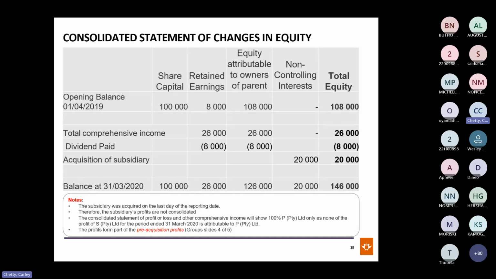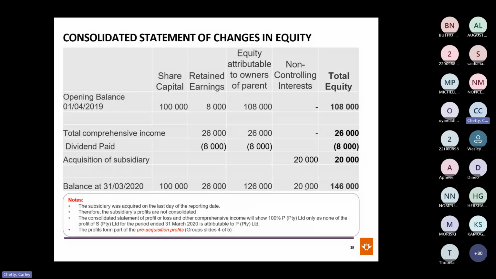And then we have our total equity column, where we're simply adding the equity attributable to owners of the parent with the non-controlling interest. So we're saying 108,000, that'll go in the total equity column. 26,000, that will go in the total equity column. Then 8,000 Rand in the total equity column, NCI 20,000 in the total equity column, and then we're adding 126,000 plus the 20,000.